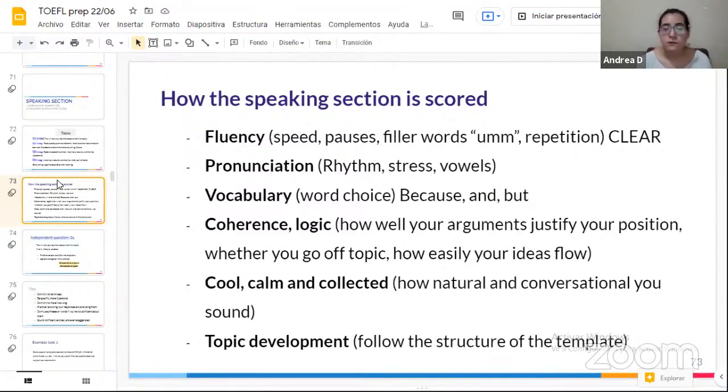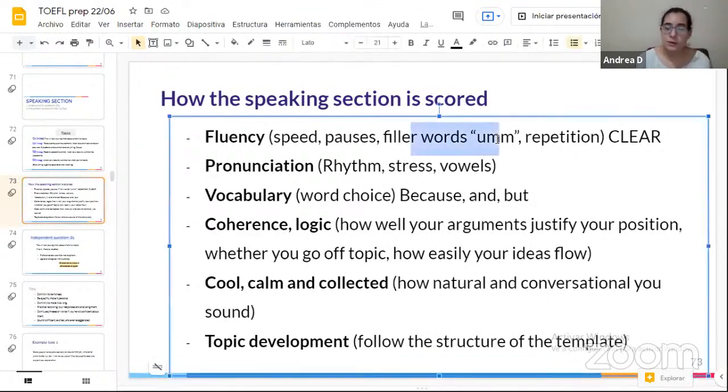They're trying to measure how fluent you are in English. Fluency basically means the speed at which you talk, whether you're making some or many pauses, whether you're using many filler words like "or" or "I don't know," "depends," whether you have maybe Spanish filler words there, whether you repeat too much, whether you're struggling a bit with articulating the words. That's going to count as fluency.